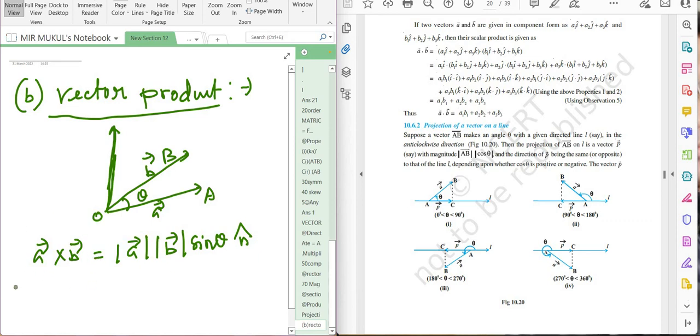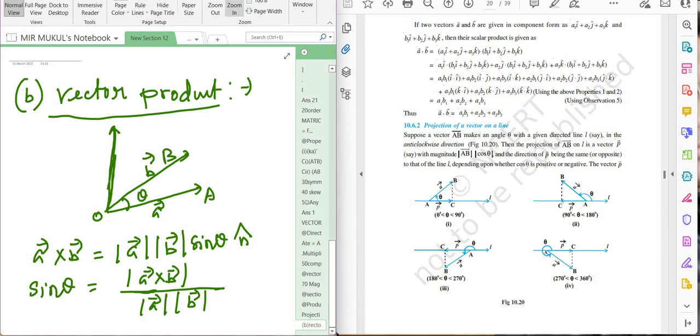So you have to multiply n cap. From here, if you want to find sin theta, it will be magnitude of A cross B divided by magnitude of A times magnitude of B.